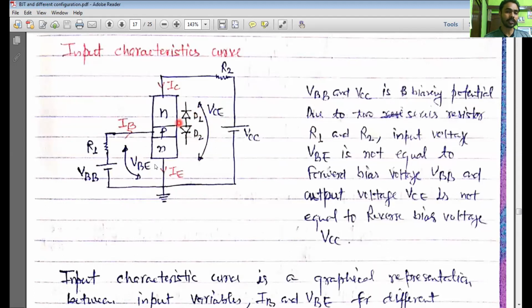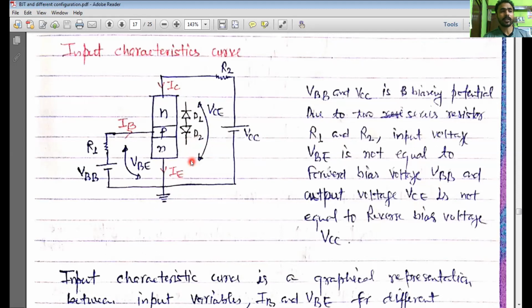So this transistor can be considered as a single diode D2, and that D2 is in the forward bias. So this complete NPN transistor can be considered as a single diode D2, which is in the forward bias.